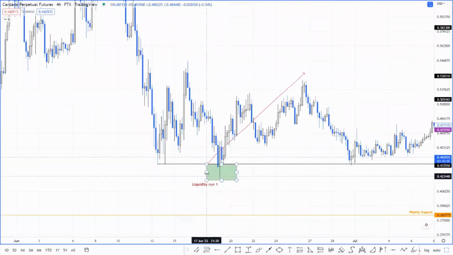So basically any swing low has a bit of sell stops resting below it, and those sell stops are basically investors that longed. People that longed Cardano here have the sell stops below the wicks.